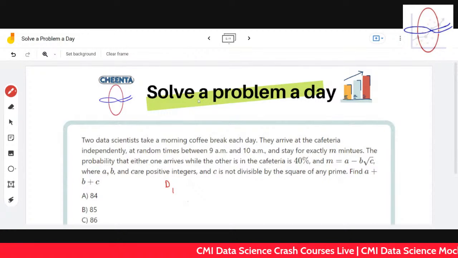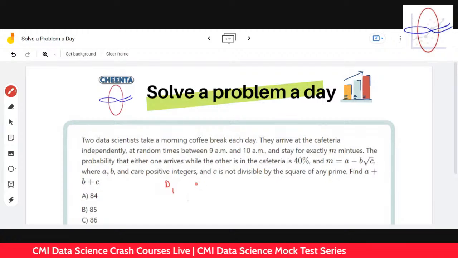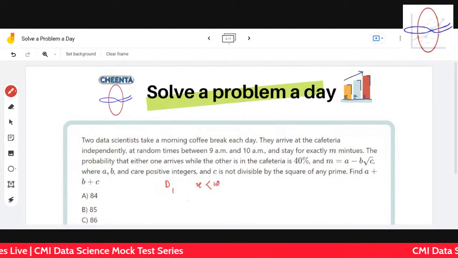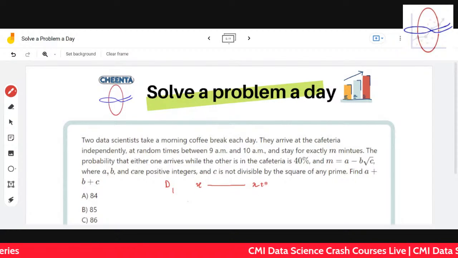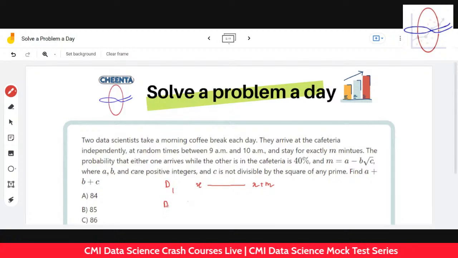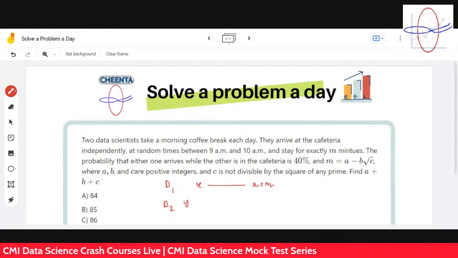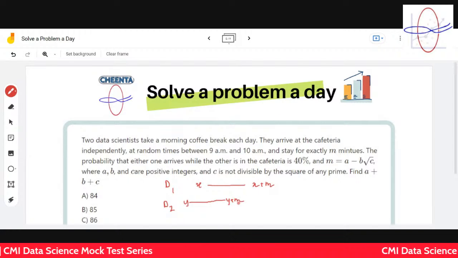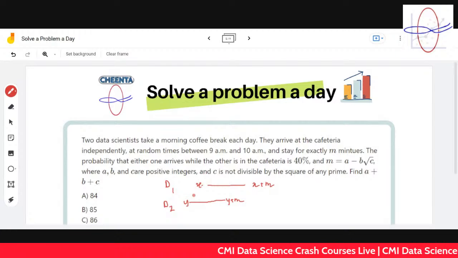That person comes between, let's say, 9 and 10, so let's call it X. X is between 9 and 10 a.m. and stays till X plus m minutes. And D2 comes, maybe before, and stays till Y plus m minutes. X and Y are in minutes, remember, otherwise you cannot add like this, right? So X and Y are in minutes.